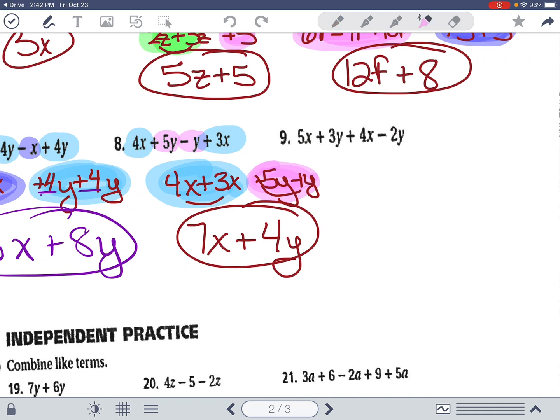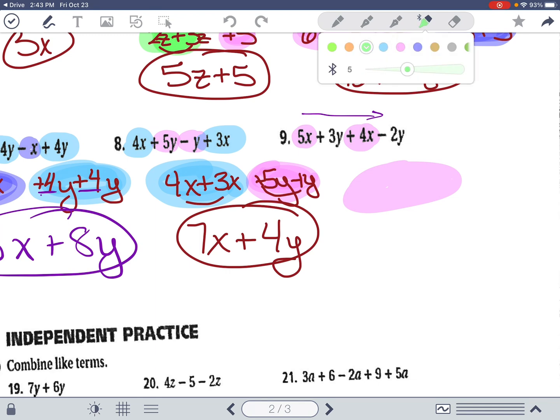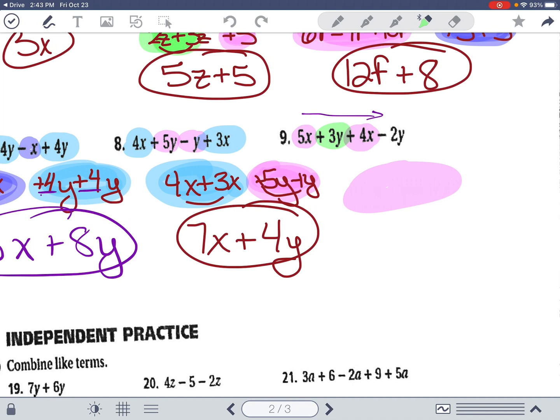Last one, number 9. I'll start with 5x. Now I'm going across to the right, looking for another x term. There's one, found it, plus 4x. No other x terms. So here's my x. And let me pick another color. Plus 3y. I'm looking across.